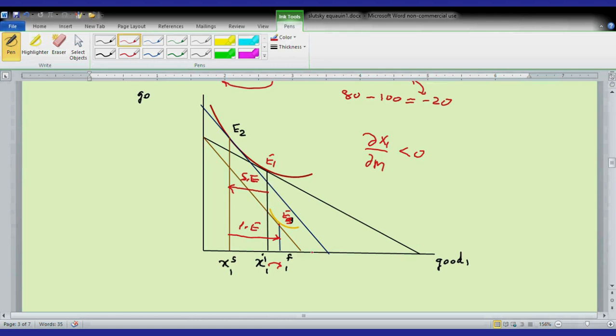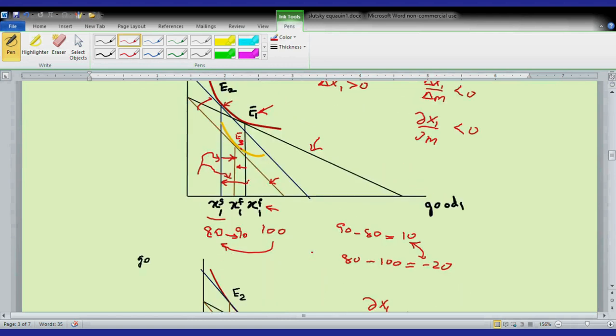And this is the difference between this case and the second case, where the magnitude of substitution effect is greater than the magnitude of income effect. So this is your income effect.